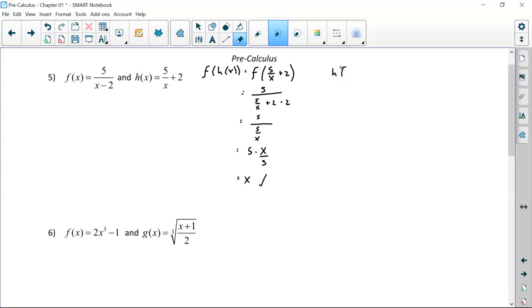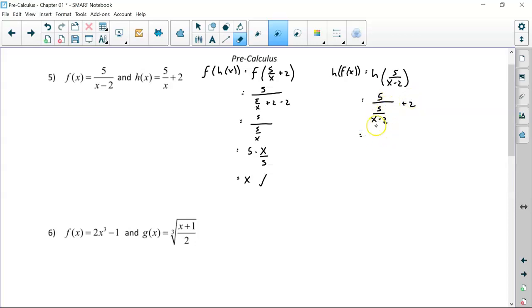H of f of x. So it's going to be h of 5 over x minus 2. So it's going to be 5 over, once again, this is pretty ugly, 5 over x minus 2, and at the end we're going to be adding 2.